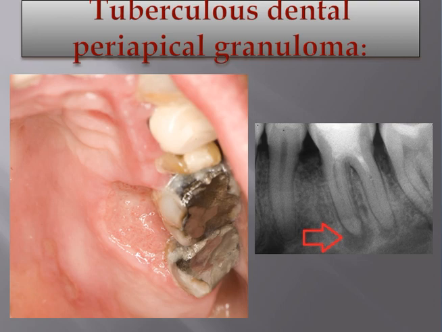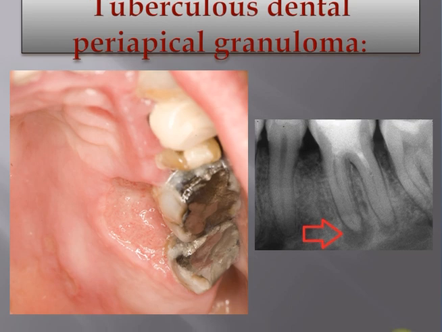The next one is tuberculous dental periapical granuloma. Tuberculous involvement of the periapical tissue has often been reported. Three routes can be perceived to be entry portals for the tubercle bacillus to become implanted in the periapical tissues.